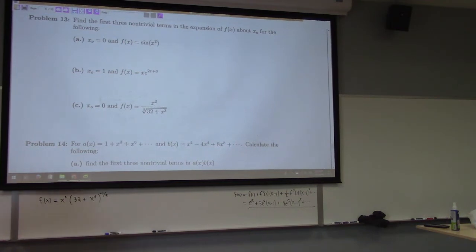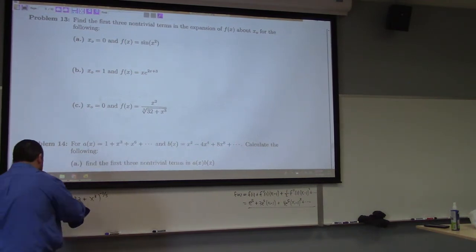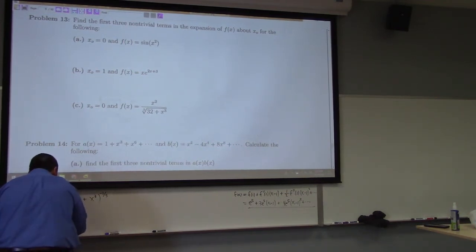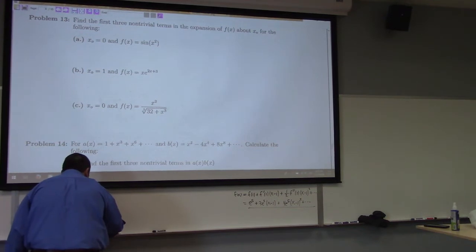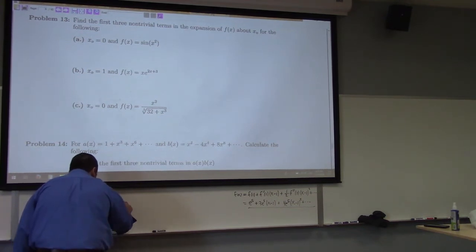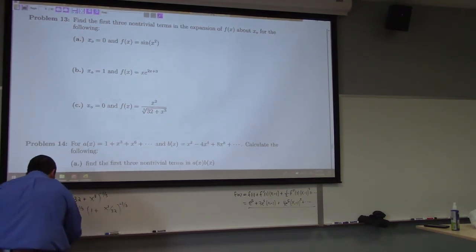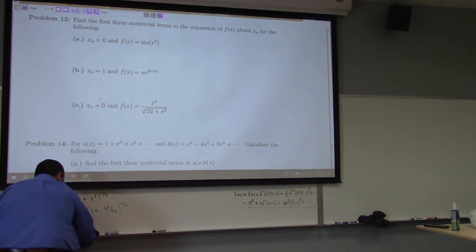So this one, factor out the 32. Indeed, that becomes 2, 1/2, right? So you've got x squared over 2, and then 1 minus 1/5 x cubed over 32.